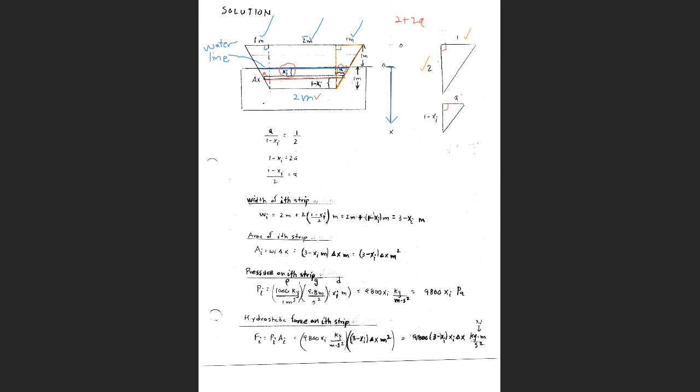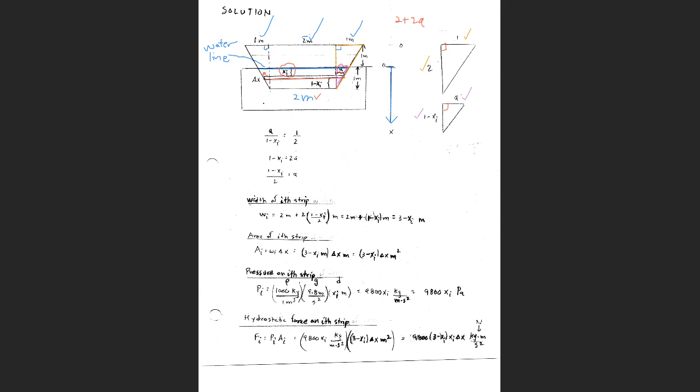And then inscribed in it, you have a smaller triangle here, and I'm trying to draw it the best I can, that has base A and height 1 minus xi.